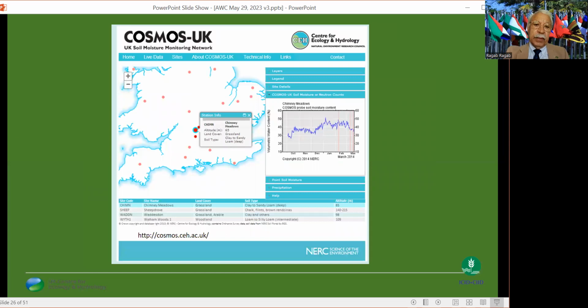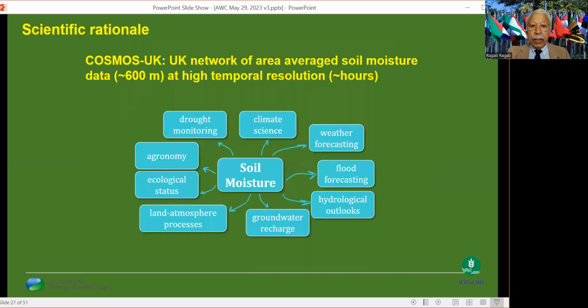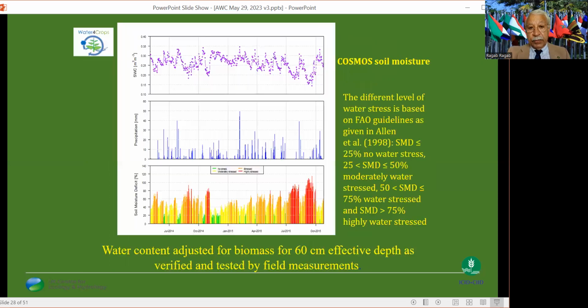We have a website, and the measurements go directly through online facilities to the server, and you can check the soil moisture of whatever site on a certain day. And soil moisture, of course, is not only used for irrigation, but also for drought monitoring, flood forecasting, groundwater recharge, and many other applications.